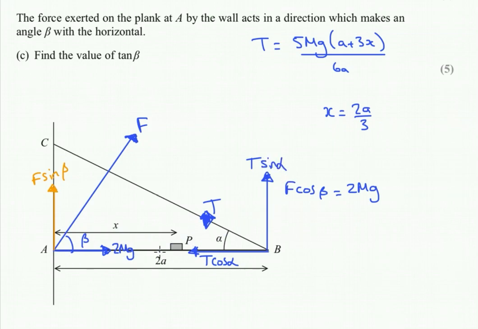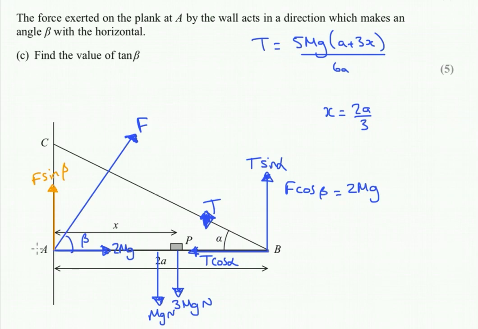Don't forget about the weights as well. We had a weight of mg for the plank, and a weight of 3 mg for the block. So all the forces are on there now, and I've turned all the angled forces into vertical and horizontal components.